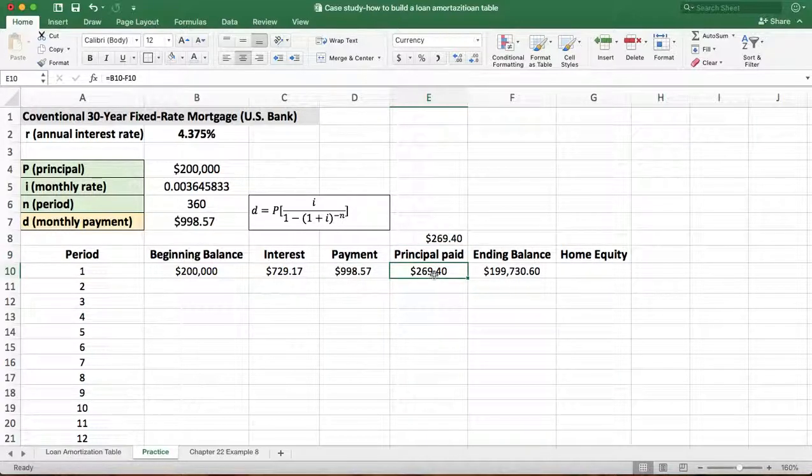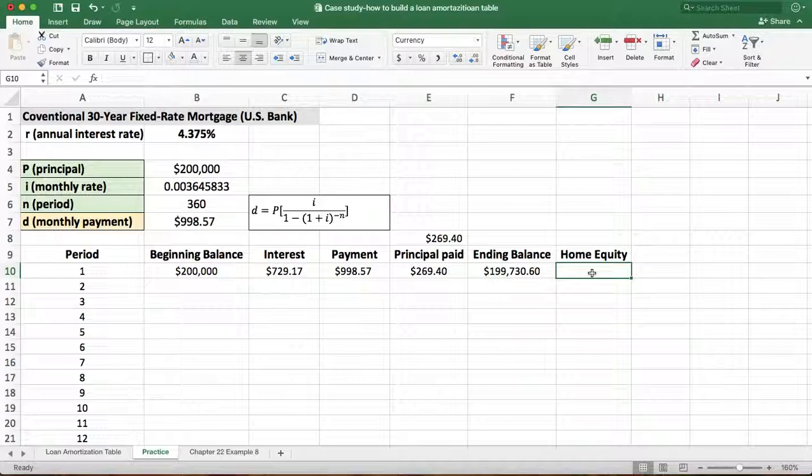This number means the first month you pay 998, but mostly, about 729 goes to interest. Only this amount pays off your principal.